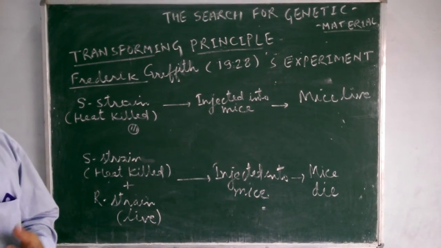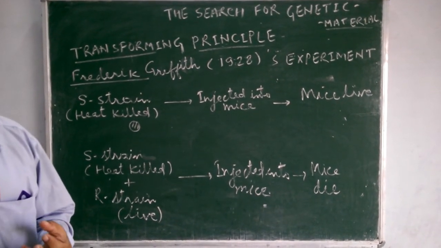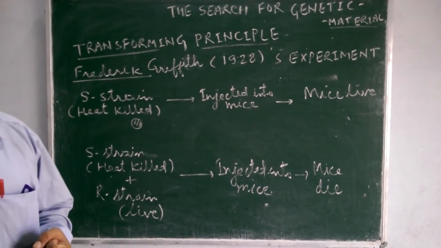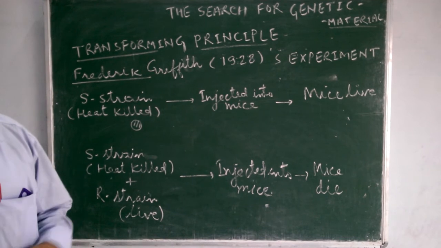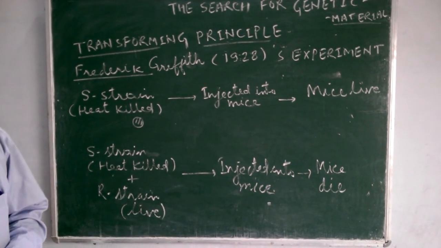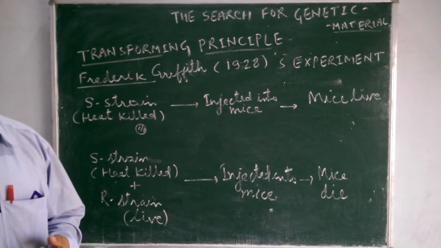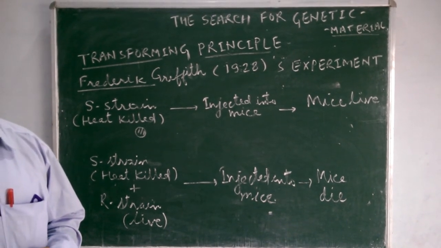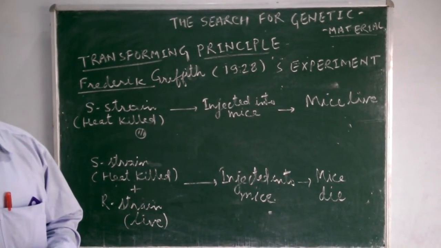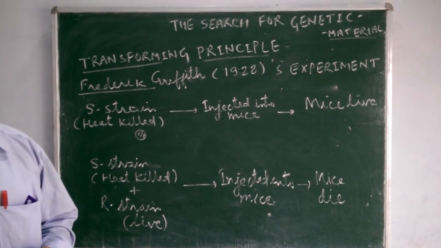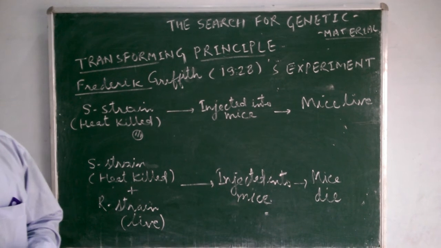There is some transforming principle working behind the conversion of R strain bacteria into S strain. But he could not explain what the material behind this transforming principle actually was. Later studies revealed what the transforming principle actually was.